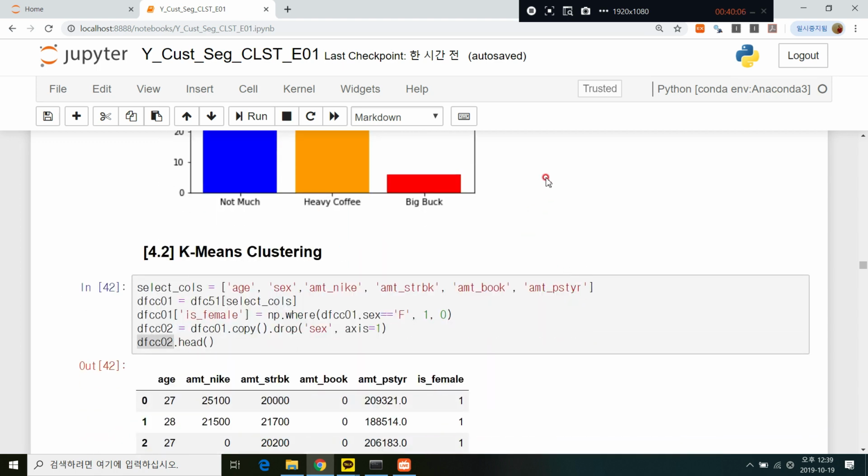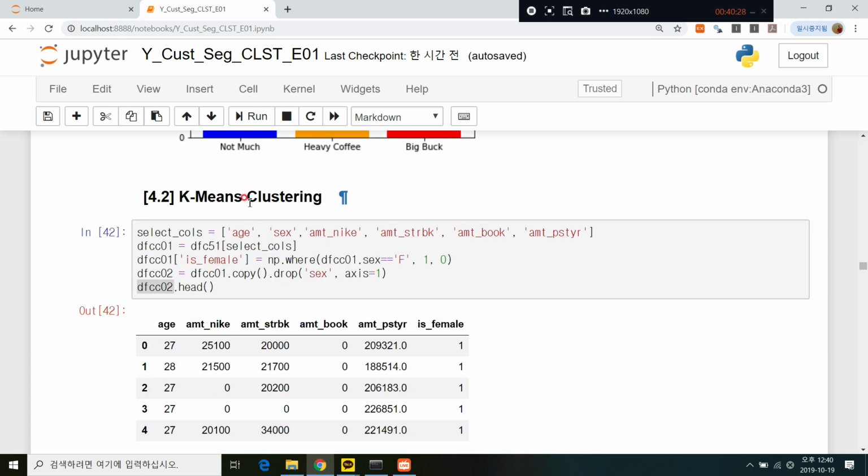Now let's take another kind of approach, one of the popular choices, k-means, a clustering-based segmentation solution.